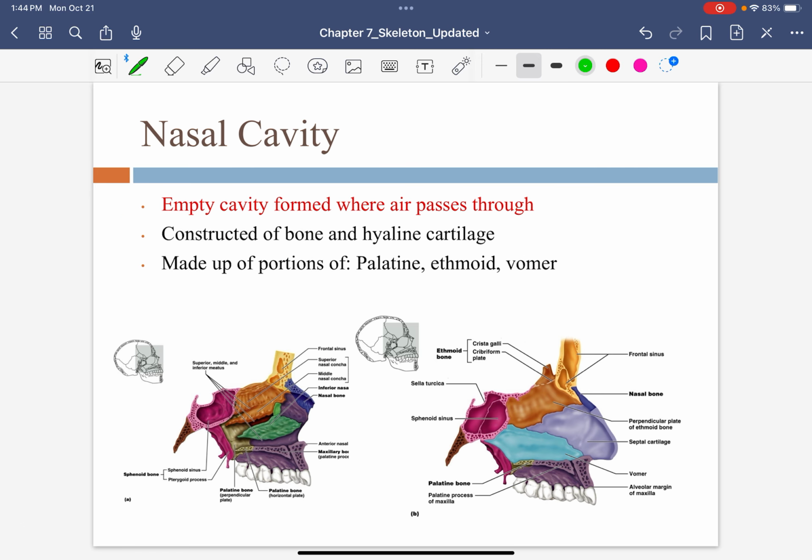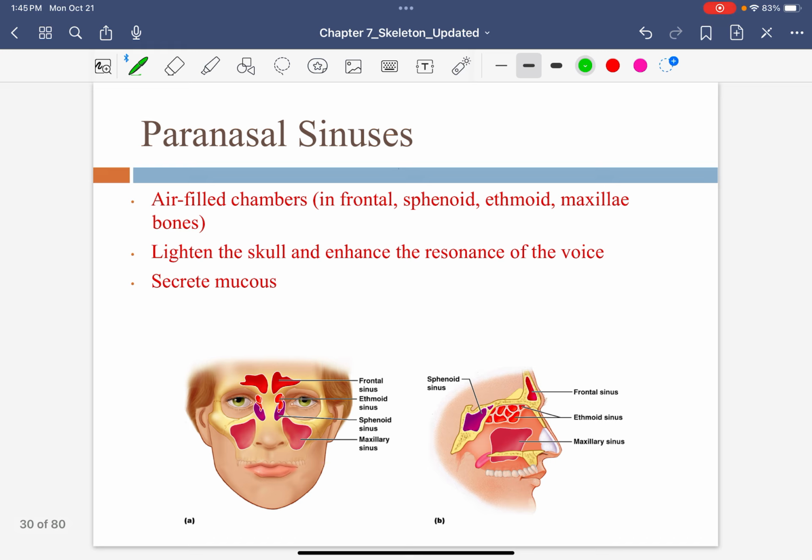Okay, this is extra. As you can see, I'm only adding a little bit. I know you have a lot to know otherwise, so I'm just trying to add a little bit. Make sure that you can define nasal cavity. Now, nasal cavity and sinuses, for some reason, can be confused.